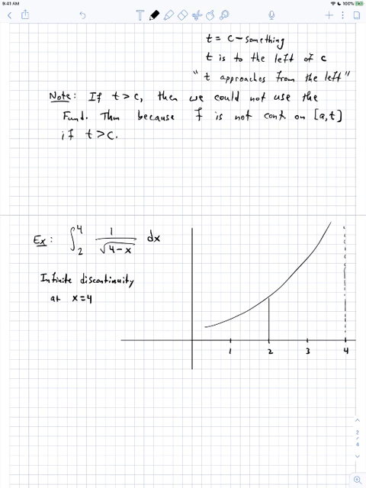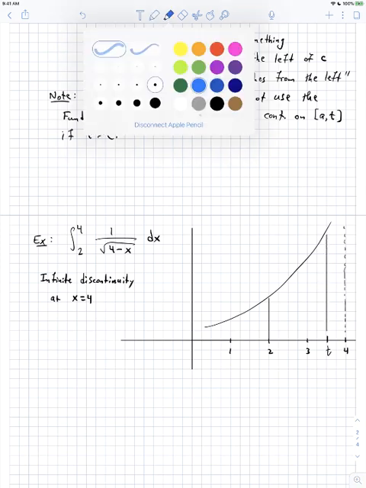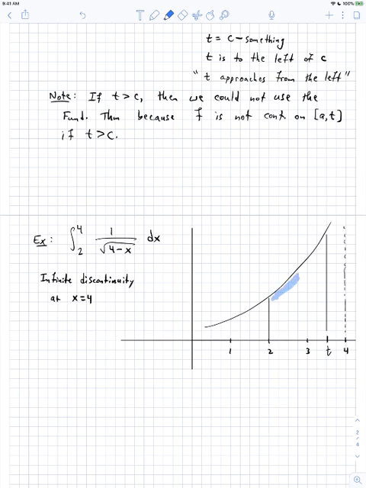So what we're going to do is pick some t value that's close to 4, but to the left of it. And we're going to integrate from 2 to t. And that's going to give us the area underneath the curve between 2 and t. So this is something we can compute. Let me just fill it in so that way we have some nice colorful region that we can talk about.